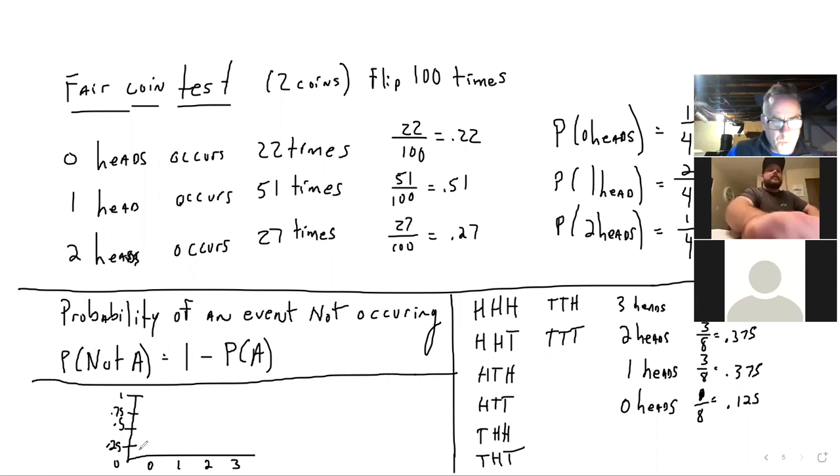So 0 is 0.125, which would actually be about right there. 1 was 0.375, which would be about right there roughly. 2 was also the same. 1 was there. So up here, I could write probability. And here again, number of ways to obtain heads, but I can draw out again a graph, a histogram of that probability distribution.